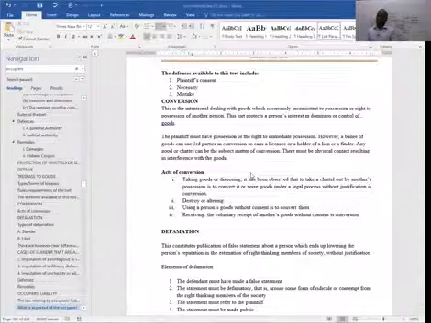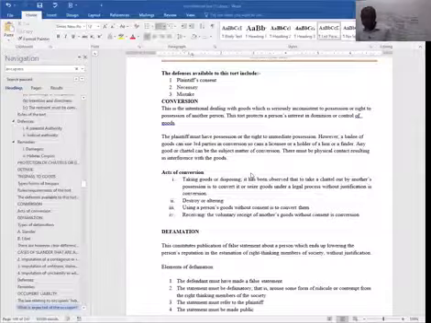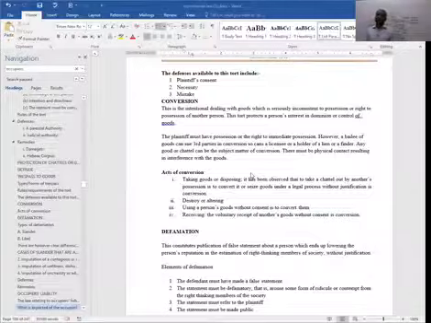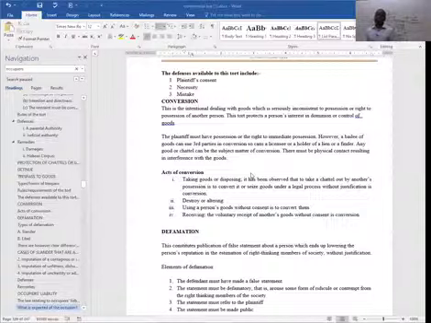So what are the elements or key characteristics? Number one, the defendant must have made a false statement. That should be very key. The statement made should be false, not factual, because if it is factual, then that is not defamation. The statement I made about Anne should be false so that she can accuse me of defamation.